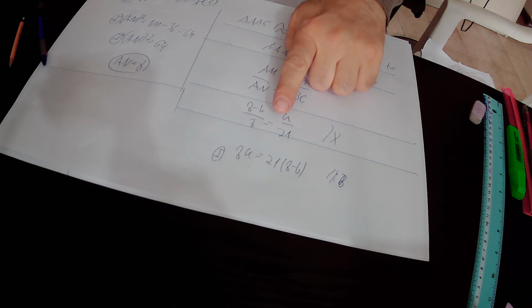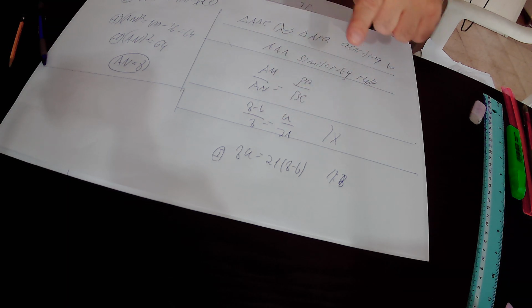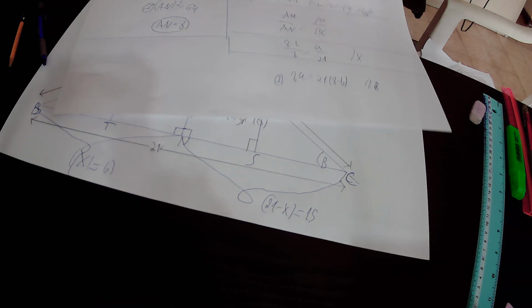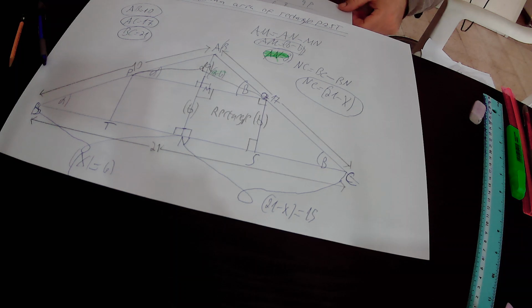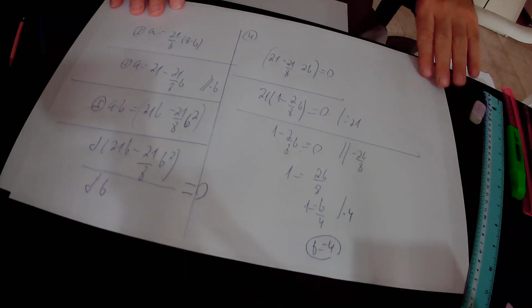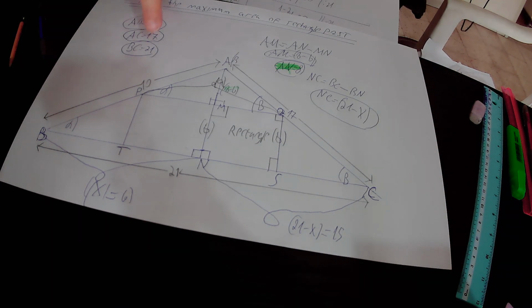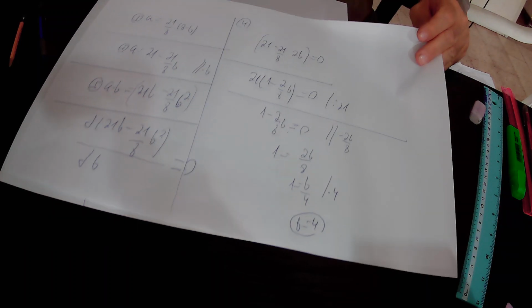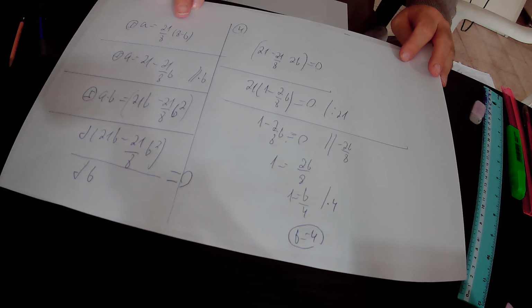Here we divide equation 1 by 8 and find that A equals 21 over 8 times (8 minus B). Repeat again: after we divide equation 1 by 8, we find that A, the length of this rectangle PQST, equals 21 over 8 times (8 minus B).